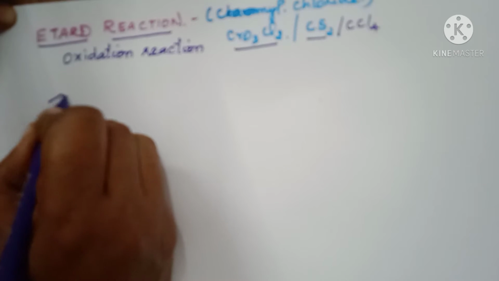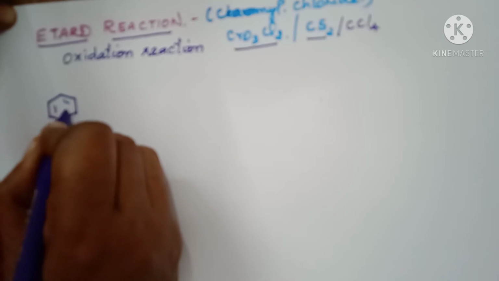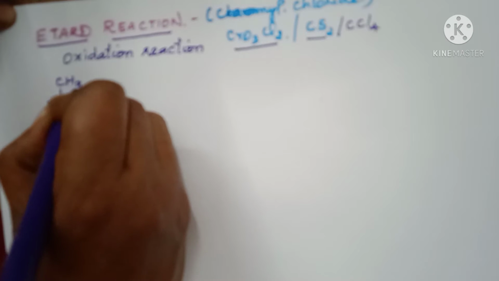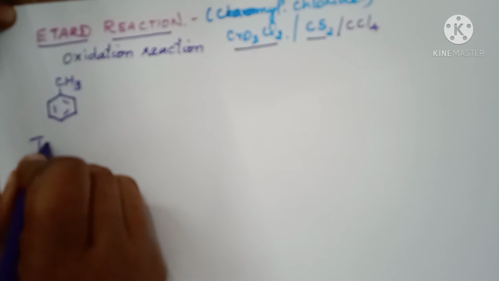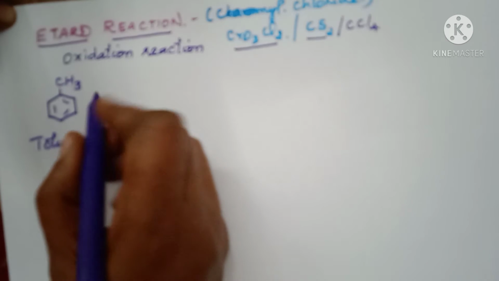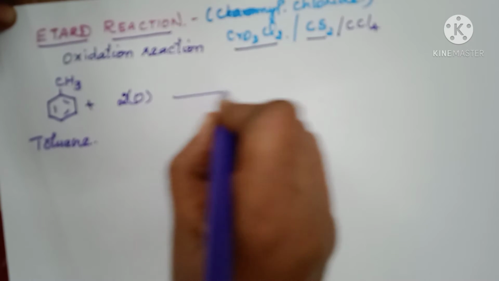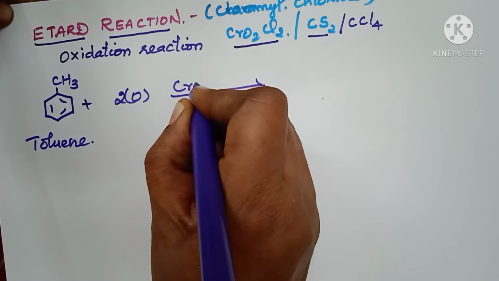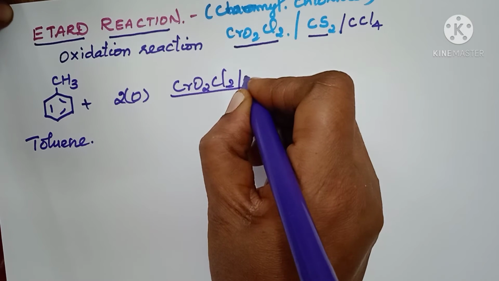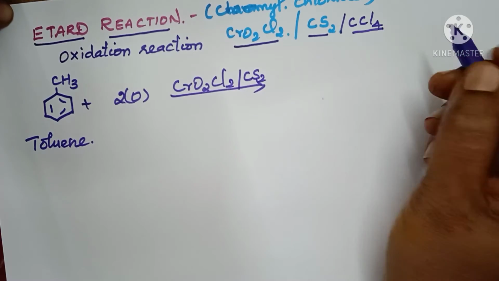It is a toluene compound, a benzene molecule with one aliphatic methyl group attached. It is called toluene. Then it is oxidized with chromyl chloride, CrO2Cl2, with carbon disulfide or CCl4.